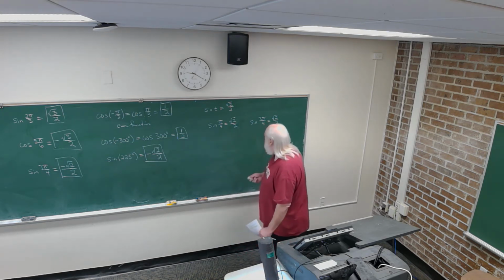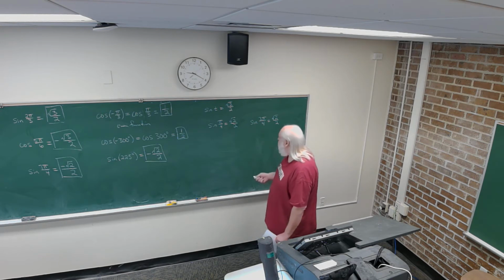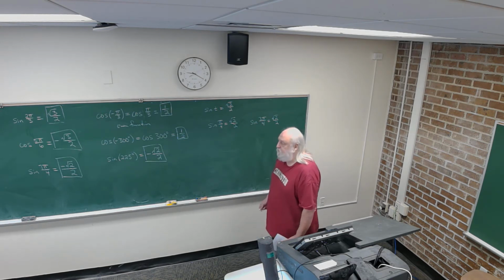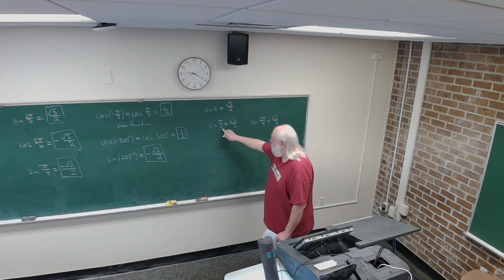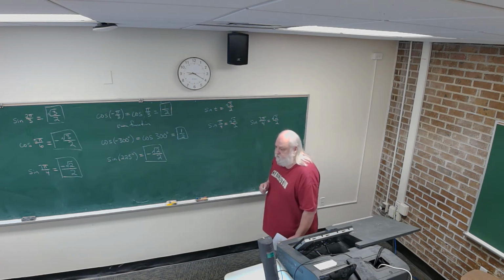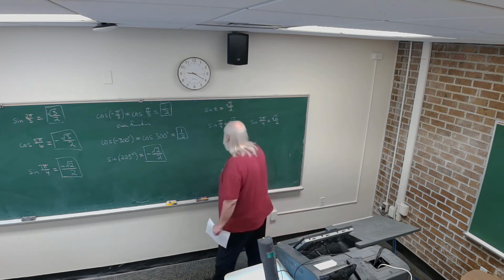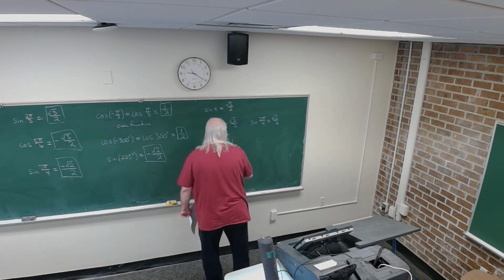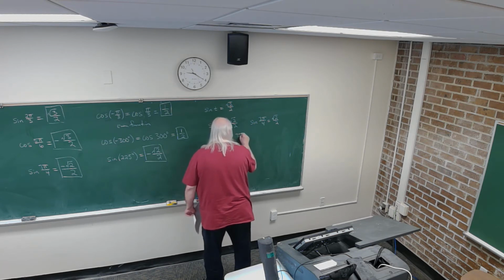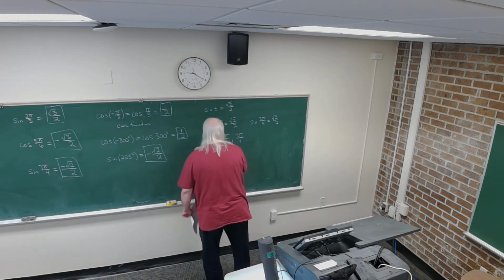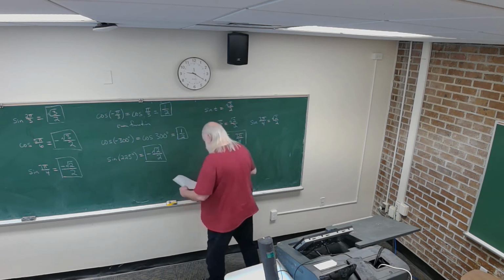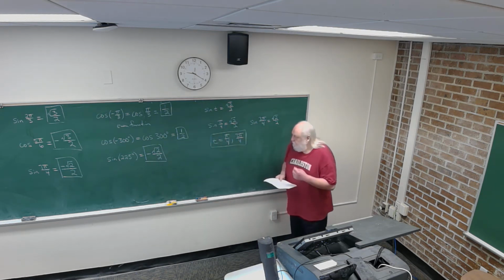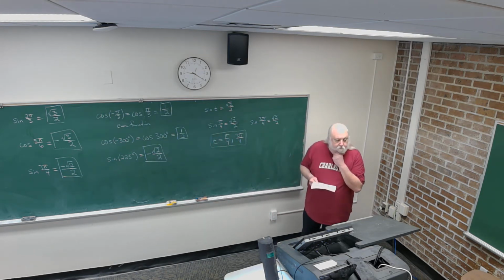So pi over 4 and 3 pi over 4 are the only two angles where the sine is equal to square root of 2 over 2. So the solution to our equation is t equals pi over 4 and t equals 3 pi over 4. Any questions on that?